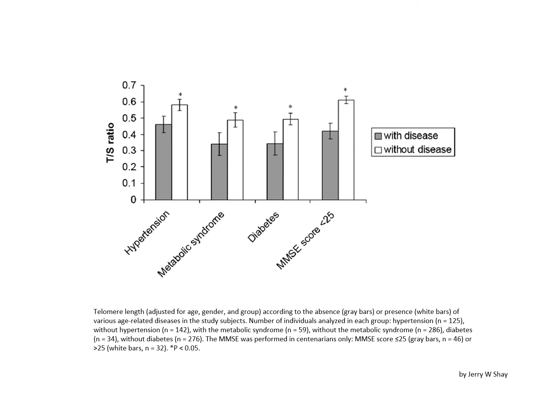Short telomeres are indicators of various diseases, including most common diseases with aging, like hypertension, metabolic syndrome, diabetes, and reduced mental capacity.